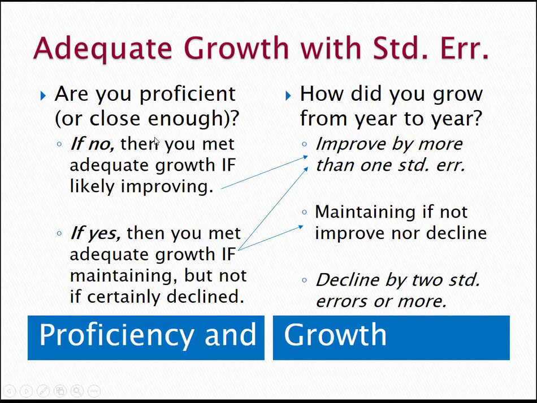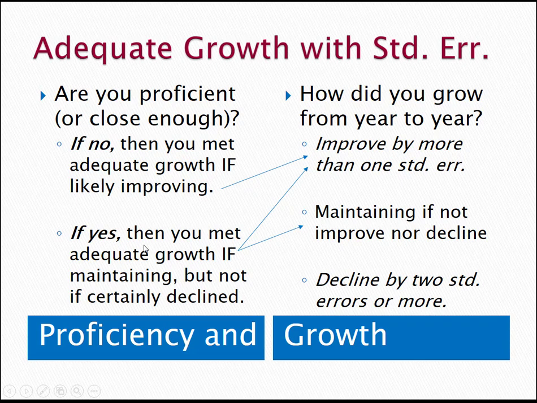Therefore, we set up the following criteria for meeting adequate growth with standard error. We first asked, is the student proficient, or at least close enough? If the student's not even close to proficiency, then we said the only way to meet adequate growth is if they're likely improving. And we define likely improving by more than 1 standard error from 1 year to the next.